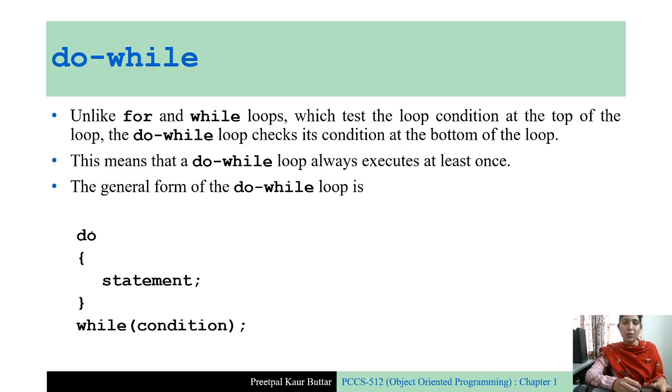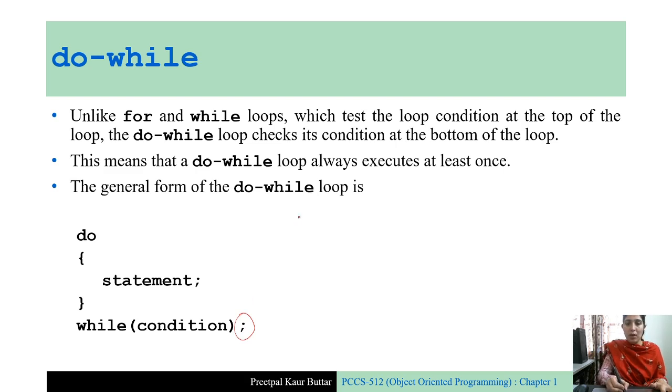The general form of the do while loop is this: the do keyword, and after the do keyword we have curly braces which contain the set of statements which will be executed by this loop. After these curly braces we have while, and inside the parentheses we have the condition which we want to test. And remember, here you have to put a semicolon after the condition.